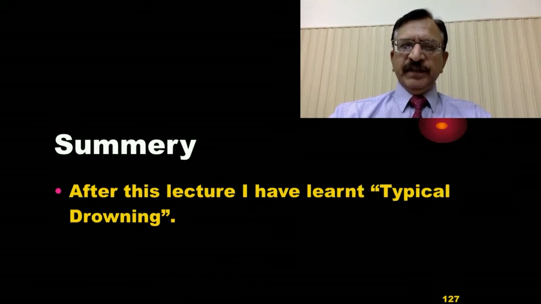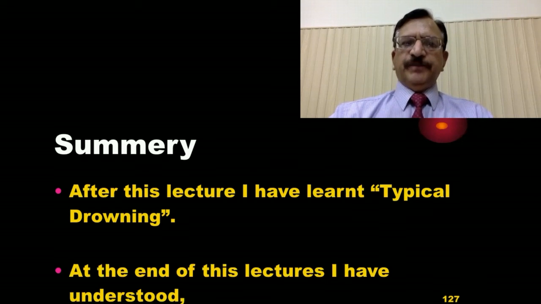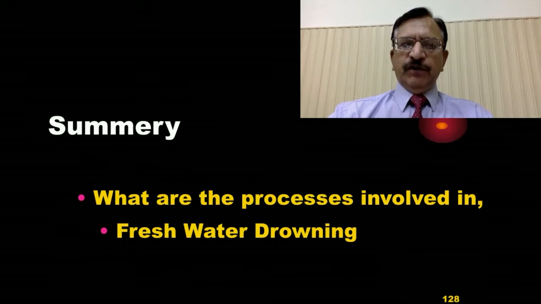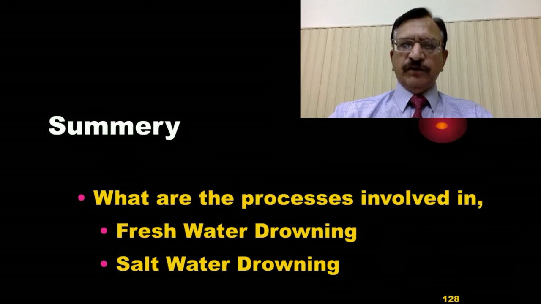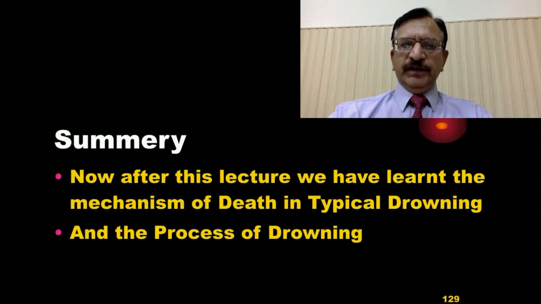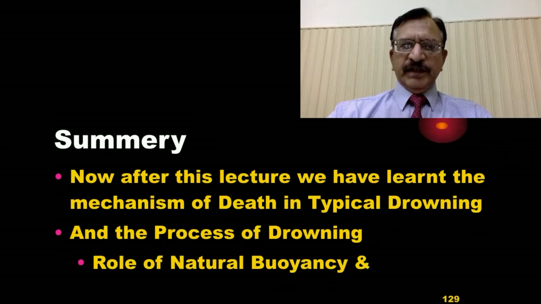So the summary of this lecture is that we have discussed the typical drowning, and we have understood its mechanics and what the processes involved in freshwater drowning and saltwater drowning are. And we have learned the mechanism of death, the process of drowning, and the role of natural buoyancy.